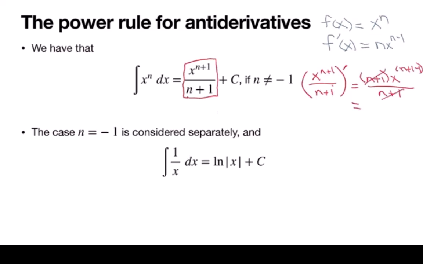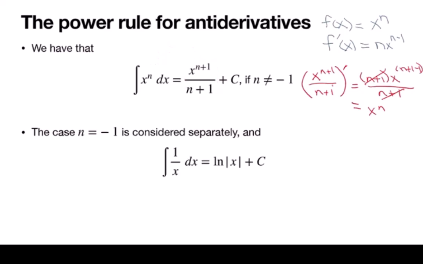The n plus 1's cancel, and I get x to the n because I have n plus 1 minus 1. We can see that if we go from the function and take the derivative, we go backwards. When we integrate, we do the opposite of what we did when we differentiated.